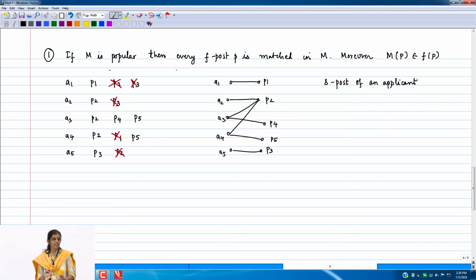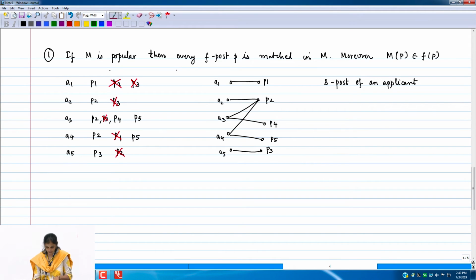The S post of an applicant need not be its rank 2 post, but it is the most preferred post which is a non-F post in its preference list. For example, I will just add P3 here to make this look different. So if there was P3, then this edge is a discarded edge.